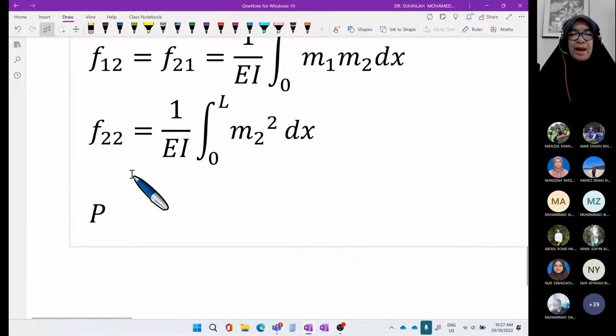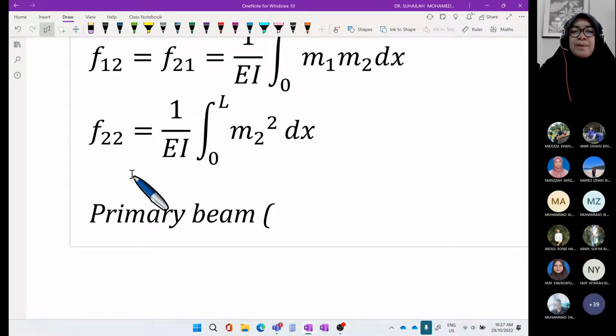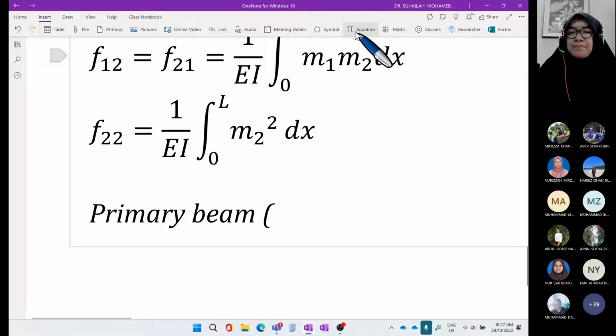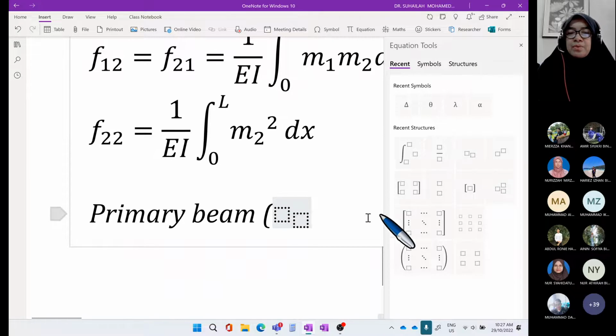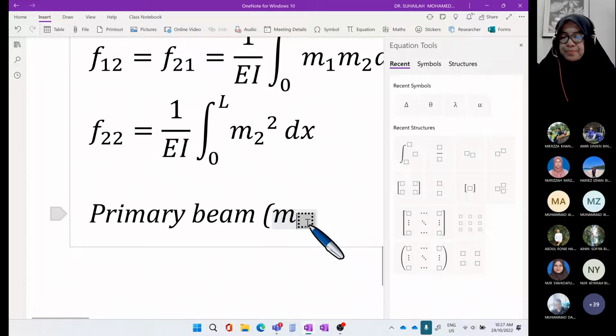We have the primary beam, and in the primary beam we will write the moment equation M0.